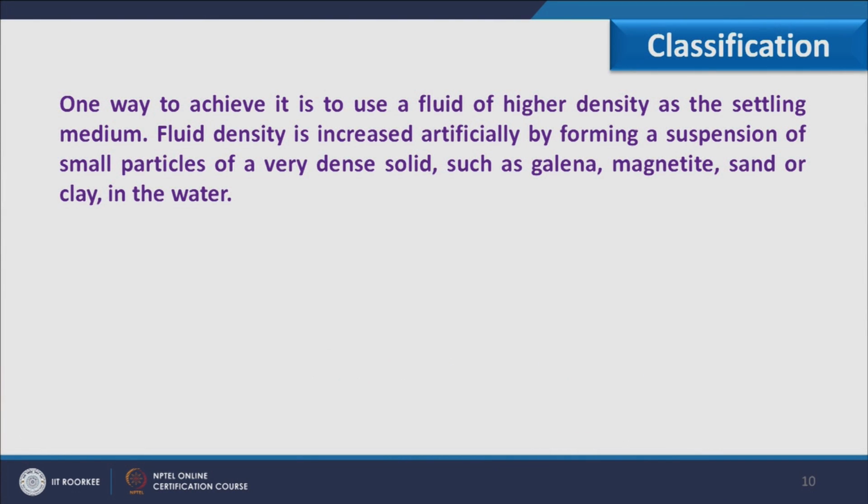So, one way to carry out separation is to use a fluid of higher density as the settling media. Fluid density is increased artificially by forming a suspension of small particles of very dense solid such as galena, magnetite, sand or clay in the water.